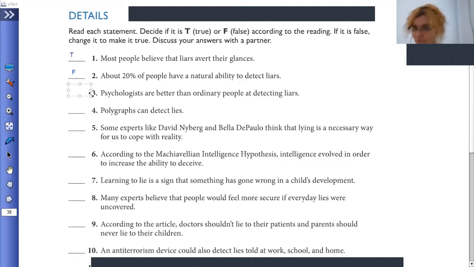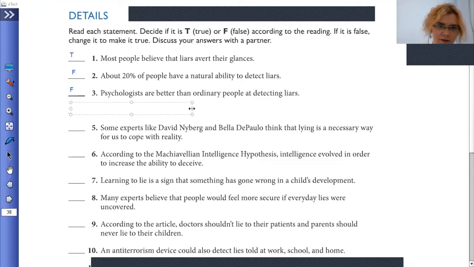Yes, miss. Can you please answer number 3 and 4? Psychologists are better than ordinary people at detecting liars. I think it's true. It's actually false, because other people can detect it as well.